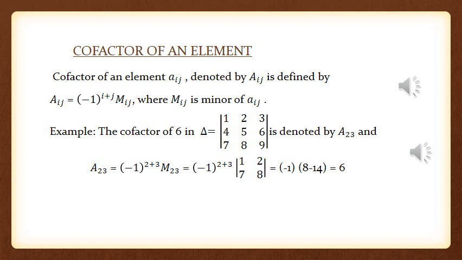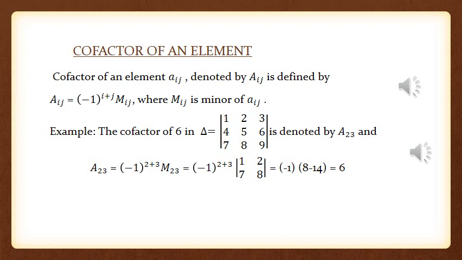The next concept is the cofactor of an element. The cofactor of an element Aij, denoted by capital Aij, is equal to negative 1 raised to i plus j multiplied by Mij, where Mij is the minor of Aij. In the previous session we studied Mij, that is the minor.